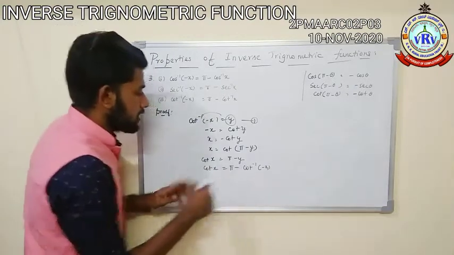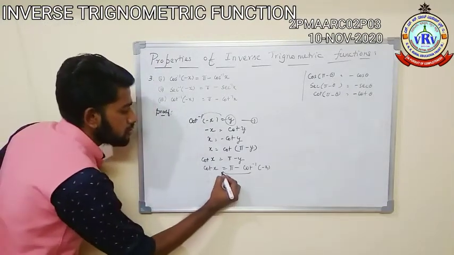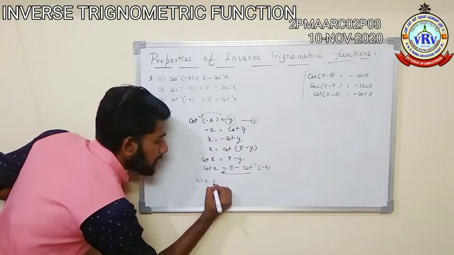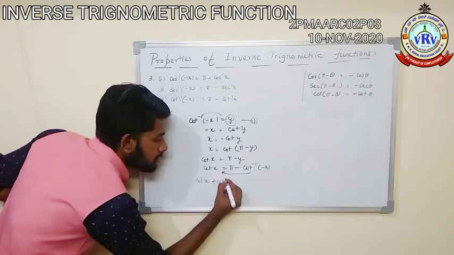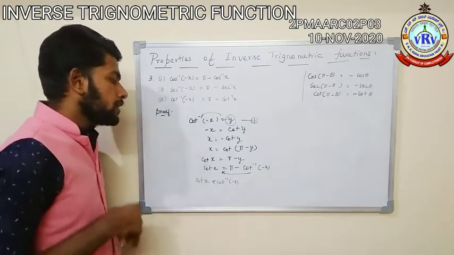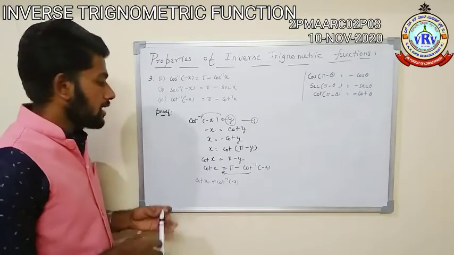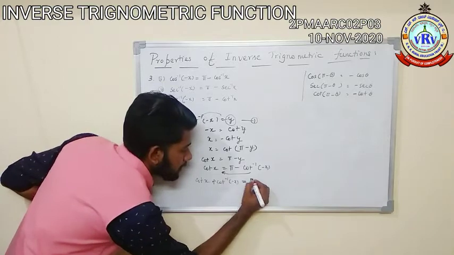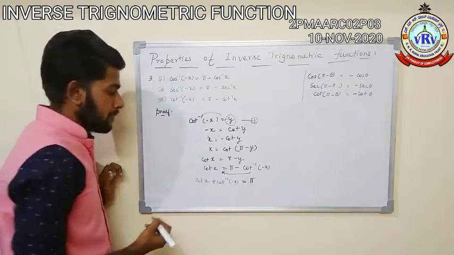Let me rearrange this. First I will shift this to this side, that is cot inverse of x plus cot inverse of minus x, minus cot inverse x, it becomes plus cot inverse of x when we shift it to the left hand side of the equal sign. It's equal to pi.